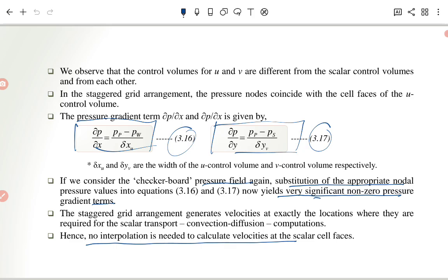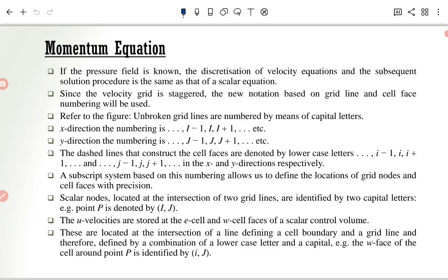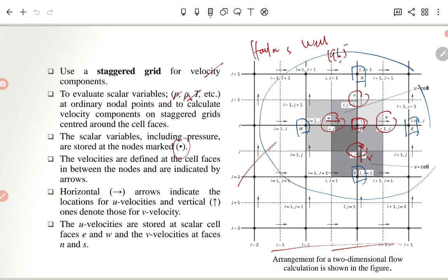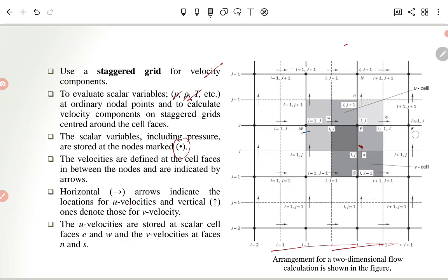So that is just an introduction on how we use the staggered grid, and we move to the momentum equation, which I want to show to you. You can refer to the slide for the rest, but I need this figure to explain the rest of the momentum equation.